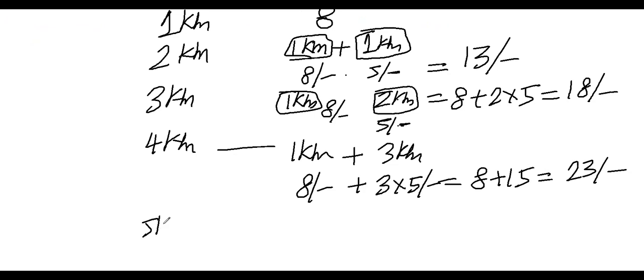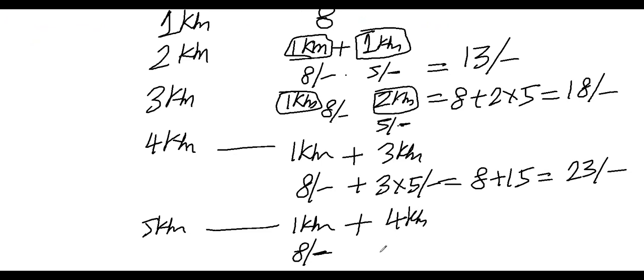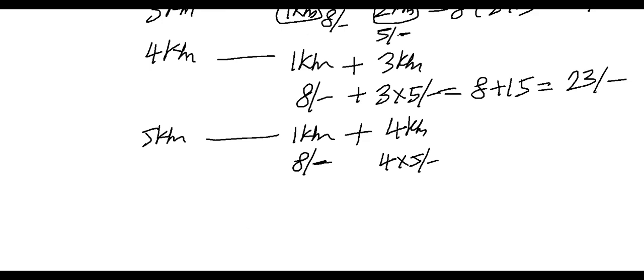Then for 5 kilometers, again the first kilometer will be charged 8 rupees, and then the subsequent distance, which is 5 minus 1, which comes to 4 kilometers, will be charged at 5 rupees per kilometer. So when we add this, I will get 8 plus 20, which is 28 rupees.